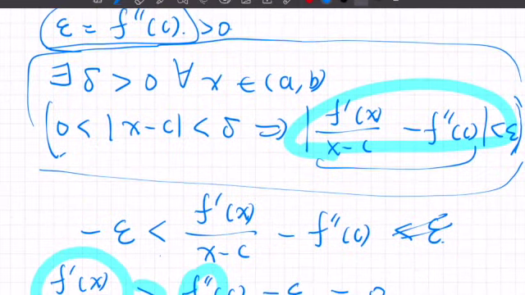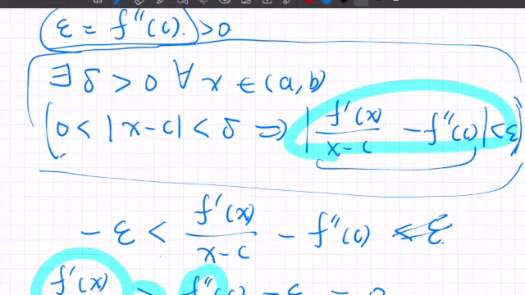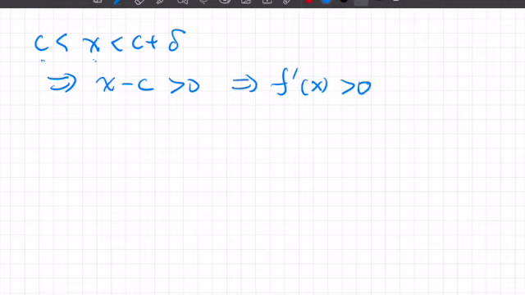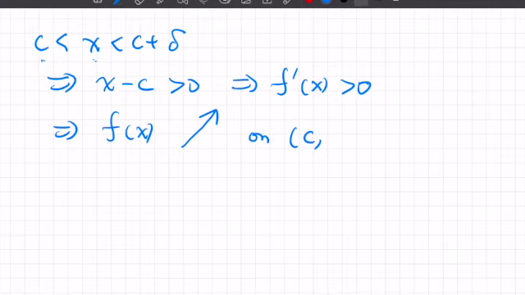And because of this, if x minus c is positive and this ratio is positive, it must imply that f prime of x is positive. Okay, and this indicates that f of x is a strictly monotone increasing function on this interval between c and c plus delta.